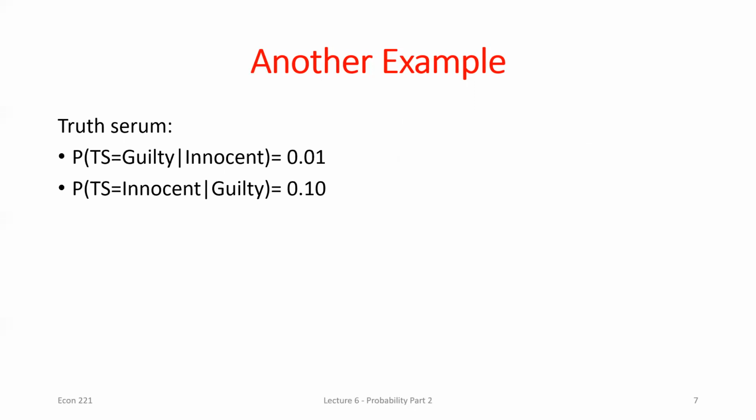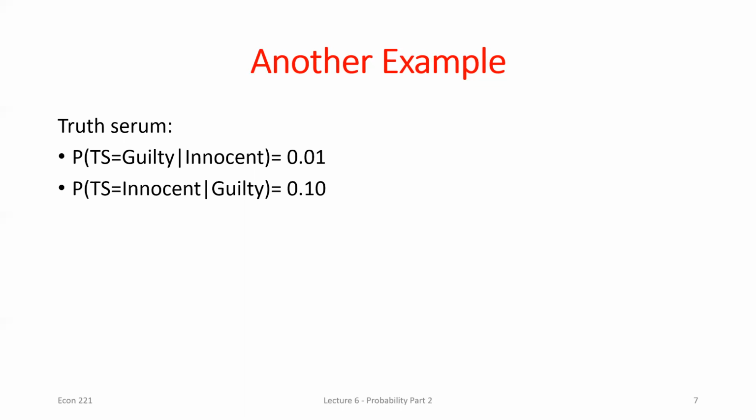Here I'm giving some information, and then we'll work out, given that information, some other things. I'll talk about it first, and then I'll draw up the tree. We've got two conditional probabilities we're told. There's some truth serum the government comes up with, and they're going to use it to make sure they're correctly capturing everybody who's guilty, or letting everyone who's innocent go.